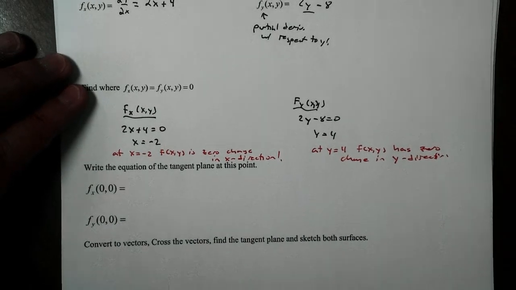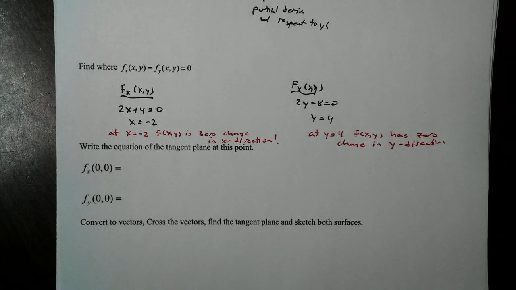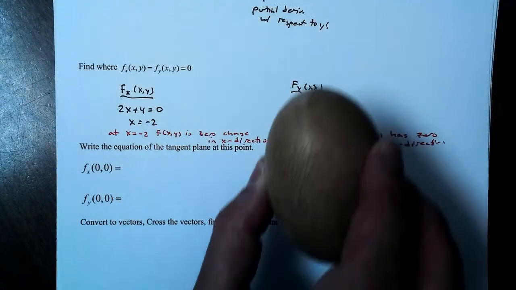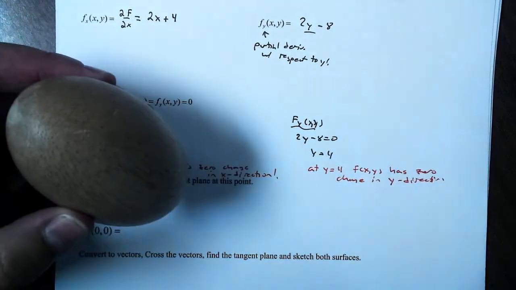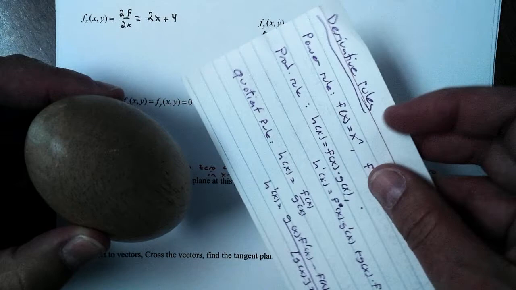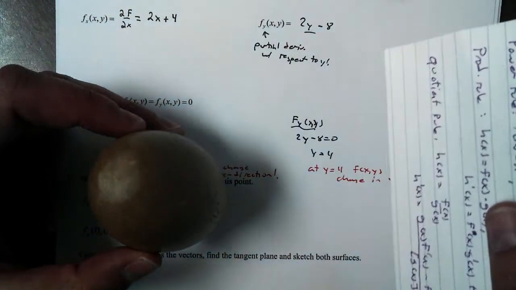All right, so the next question says, write the equation of a tangent plane. And this is really kind of a neat little problem. So let's imagine our egoid of mathematics represents our surface, and this index card, which has all of our trig rules on it, represents a plane.